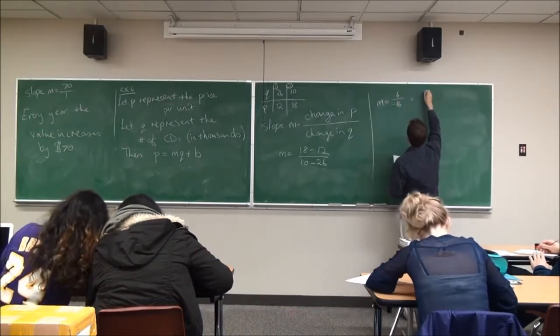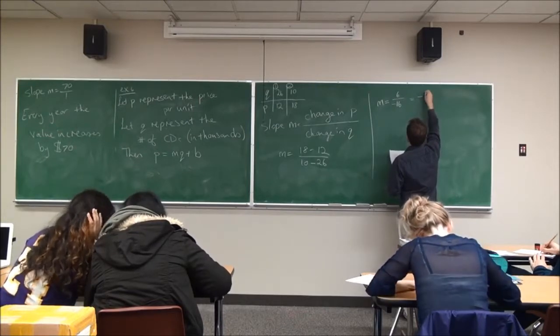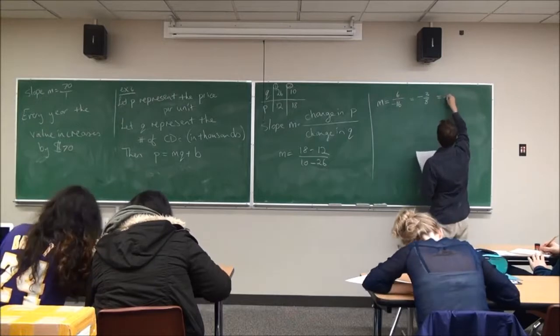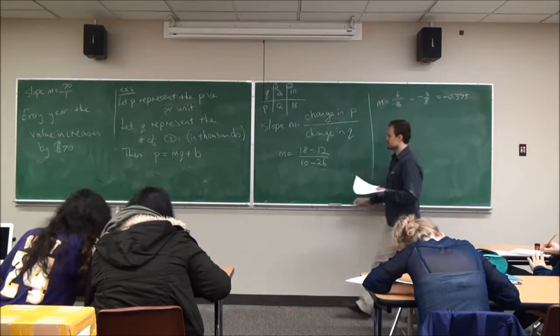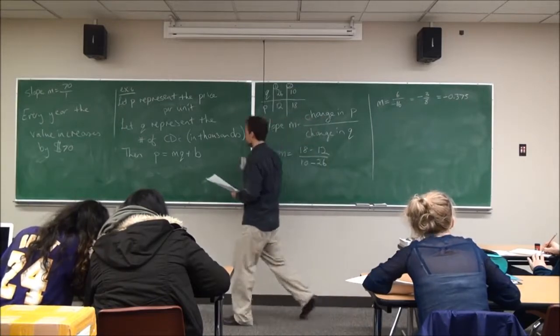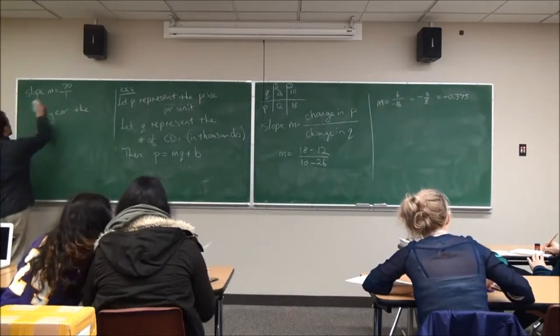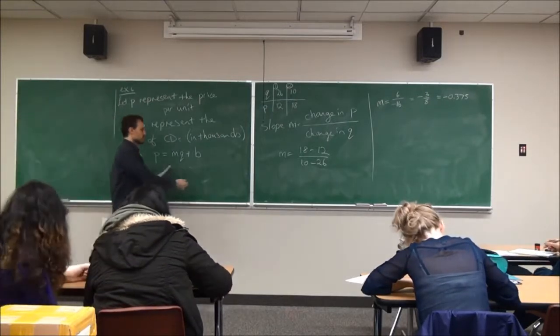Or you can write this as negative 3 over 8, or you can write it as negative 0.375, whatever you prefer. Some people like fractions, some people like decimals, doesn't matter.